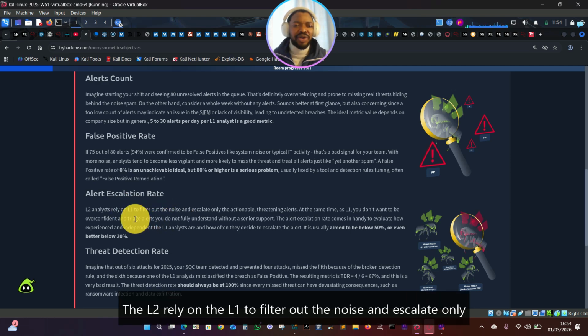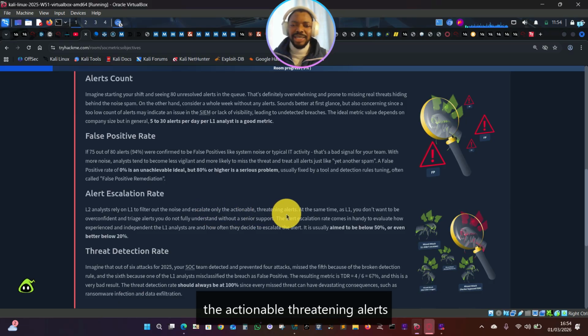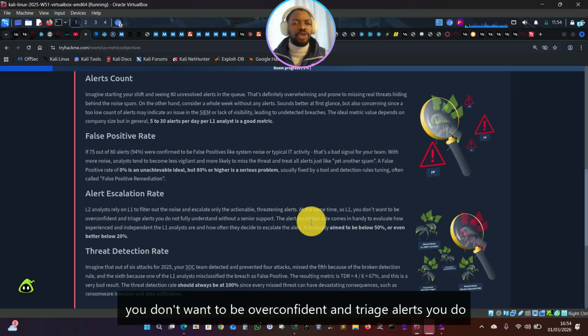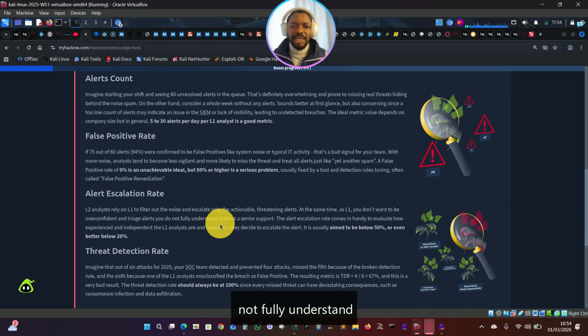Now let us look at escalation rates. The L2 rely on the L1 to filter out the noise and escalate only the actionable, threatening alerts. At the same time, as L1, you don't want to be overconfident and triage alerts you do not fully understand.